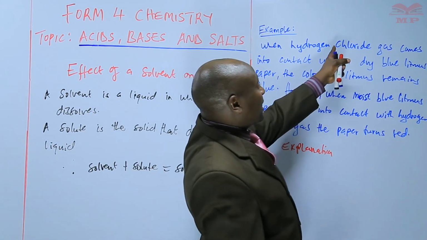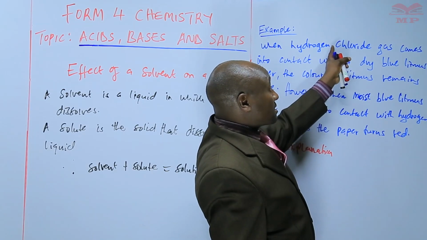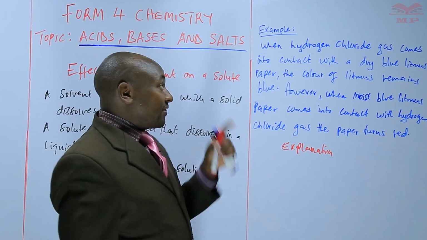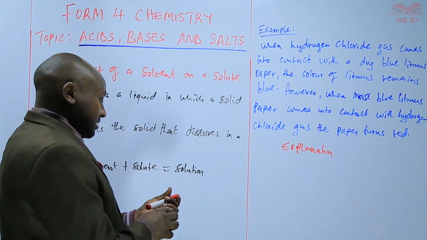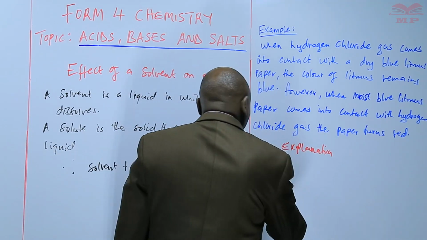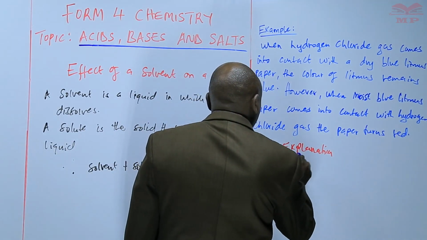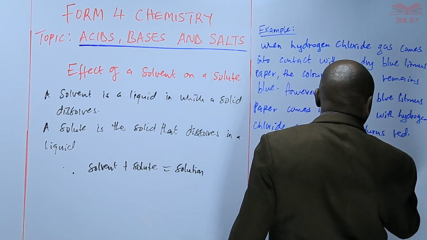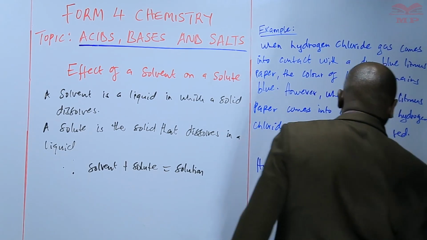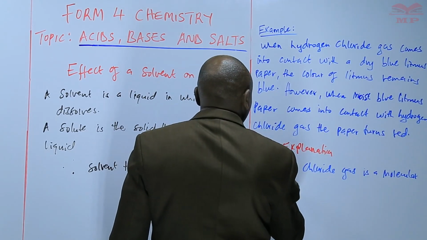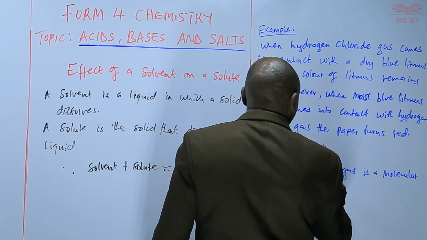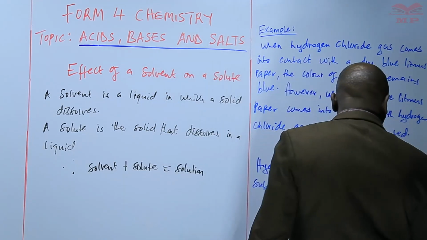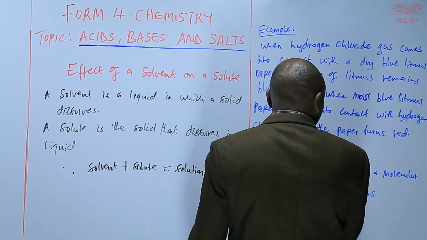The gas does not ionize. It remains in molecular form, and therefore it doesn't have acidic properties. So hydrogen chloride gas is a molecular substance that has no ions, or no hydrogen ions.